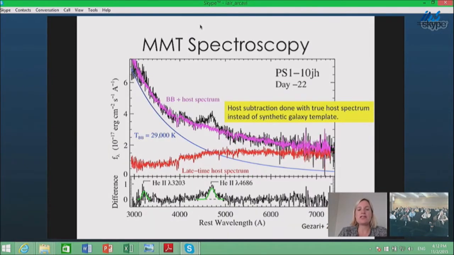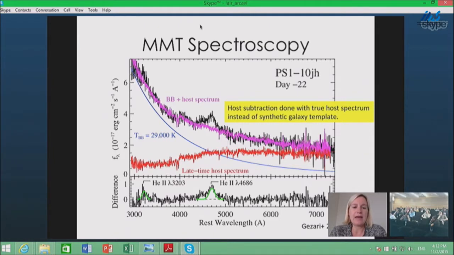So I mentioned the nature of the star, so there's a lot of interesting information in the spectroscopy of this event. Originally, when we published our spectra, we didn't have a very good late-time spectrum of the host galaxy. It still had some transient emission superimposed on it. So we used a synthetic galaxy template to isolate the emission from PS1-10jh.